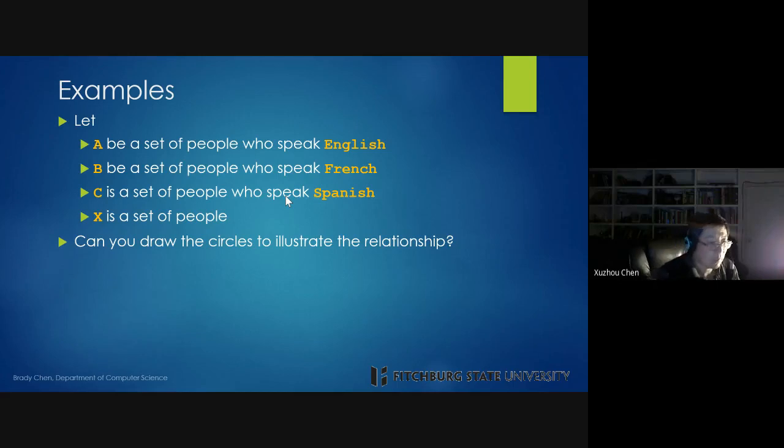Now let's talk about an even easier case. The previous case still has some gray area, even though it's likely that a Patriots fan is not going to be a Jets fan. In this case, it's pretty clear. A is a set of people who speak English.